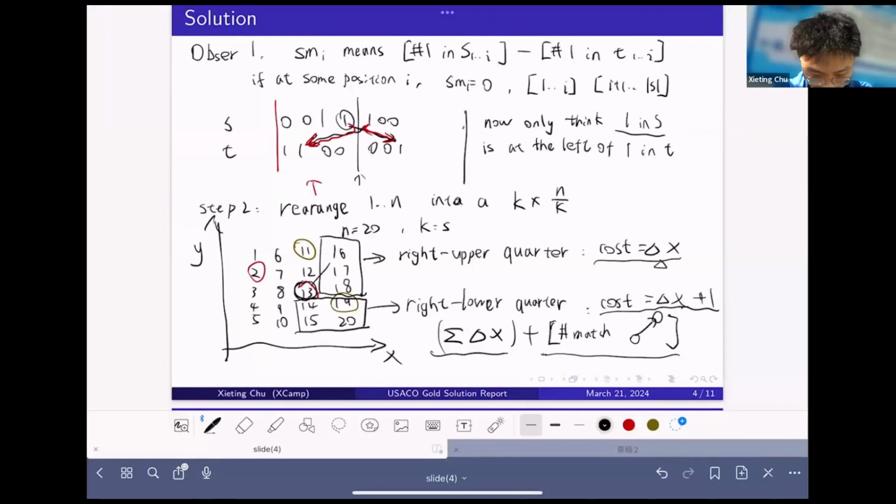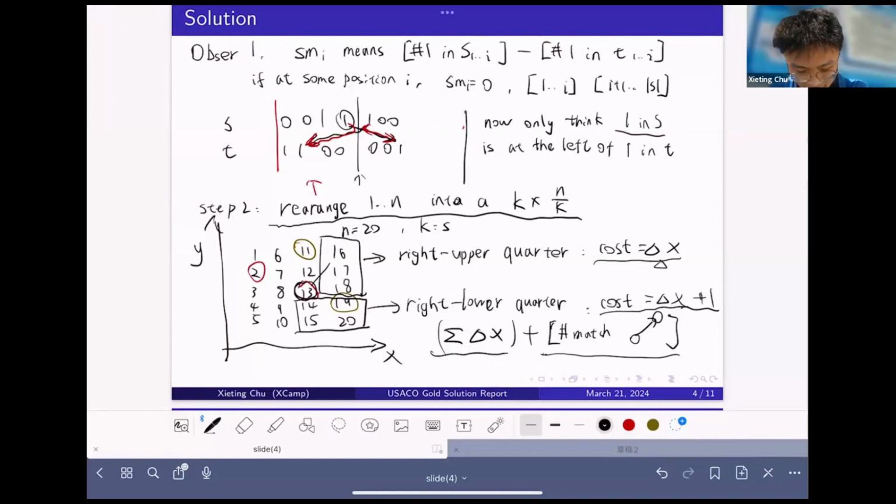For example, whether you can think of how to rearrange 1 to n into a k times n over k grid. So this sometimes needs experience and sometimes just insight.